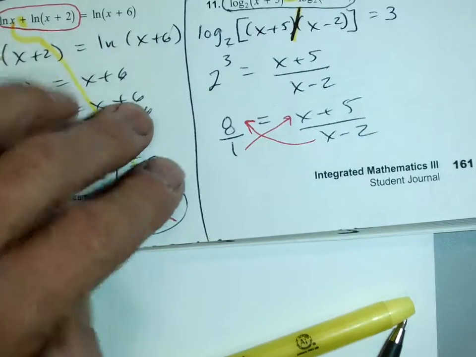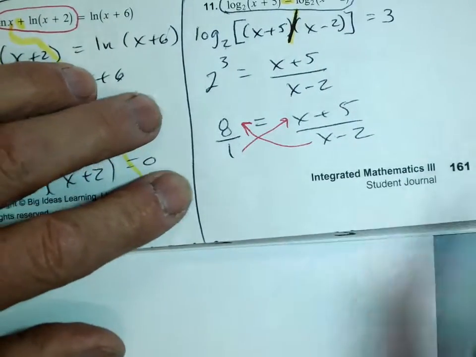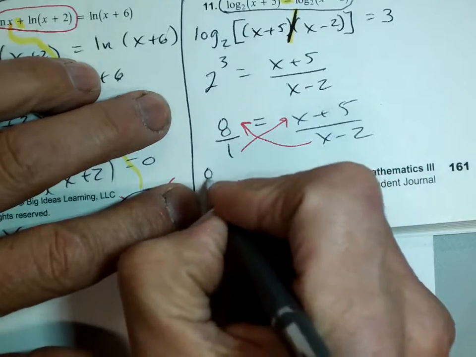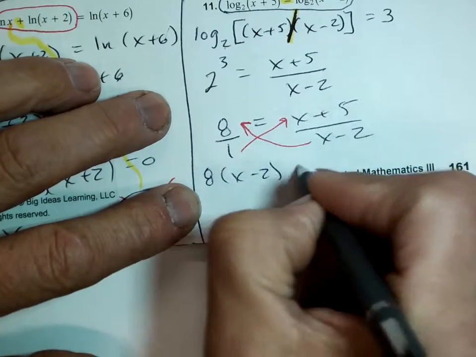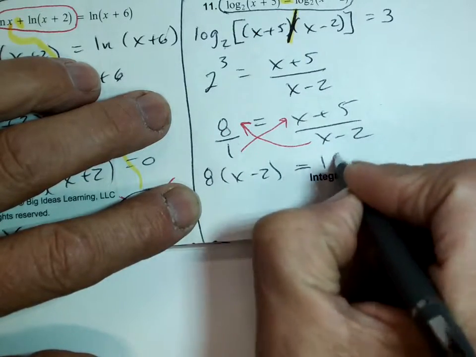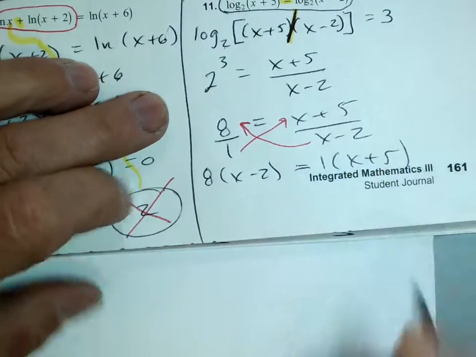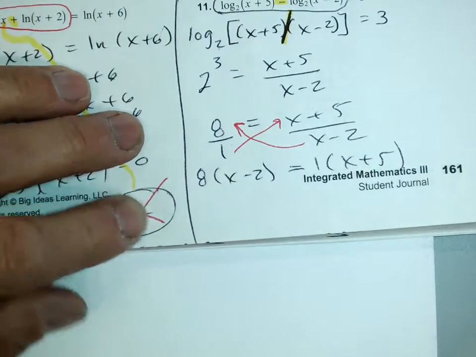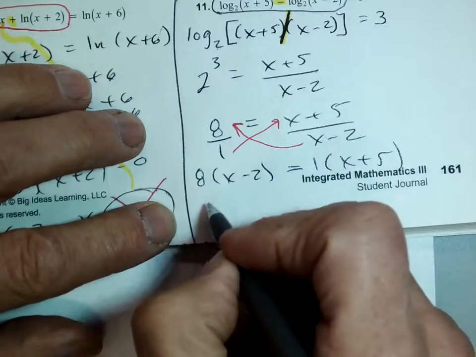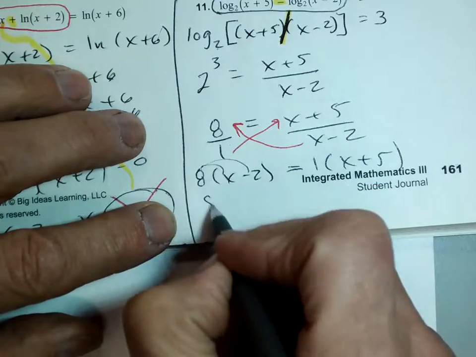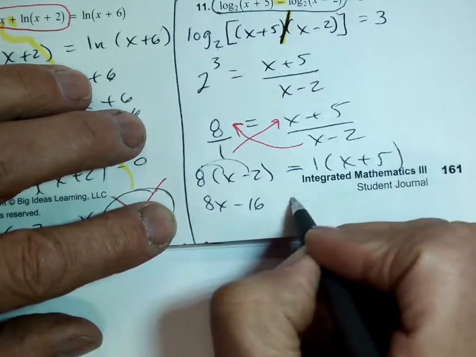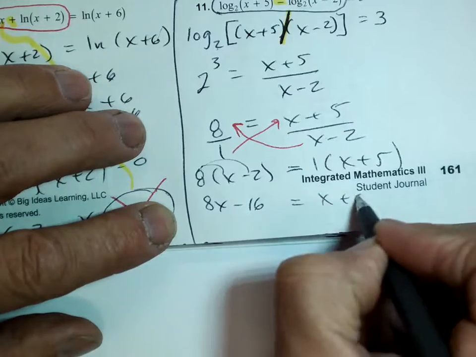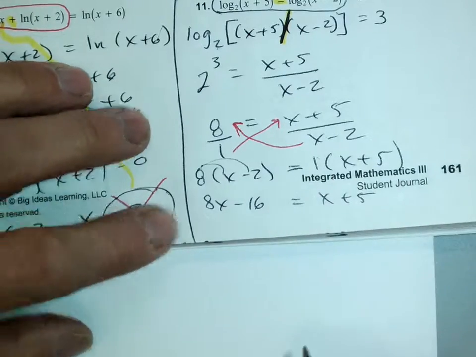So I'm going to get 8 times x minus 2 equals 1 times x plus 5. Then I'm going to distribute and get 8x minus 16 equals x plus 5.